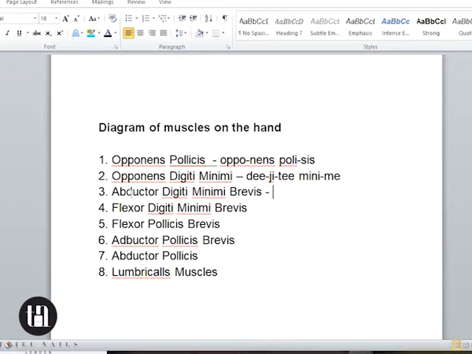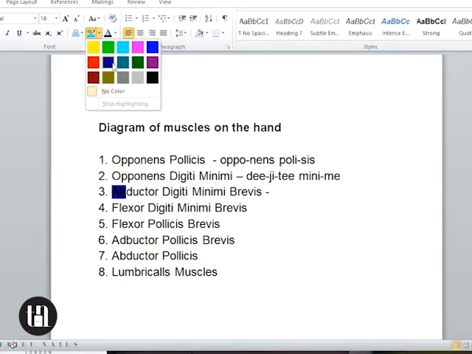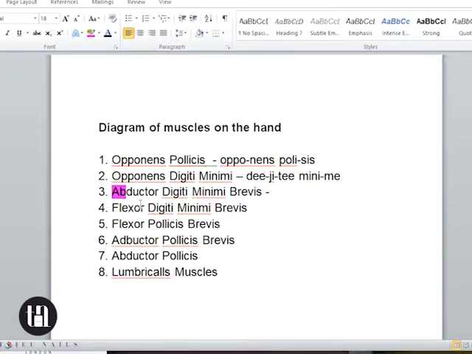So then we have this muscle here. The key difference I'm going to highlight, just so you can see later, is the abductor digiti minimi brevis. So brevis is literally just brevis. So we know we spelled digiti here and minimi here, and then brevis is just there.